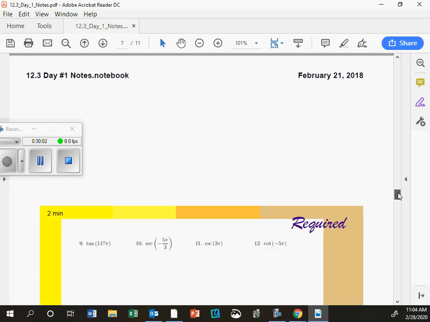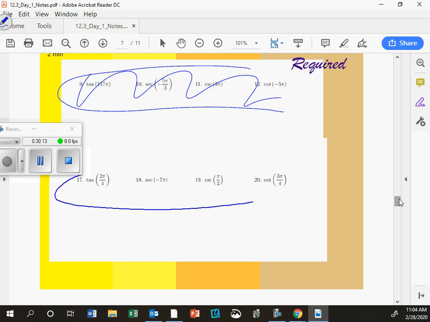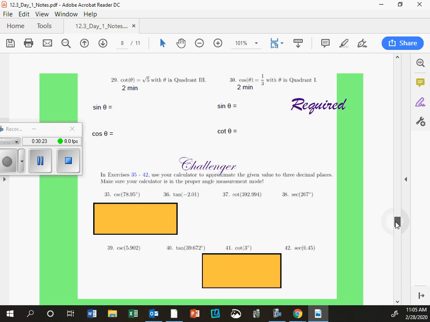Then let's do this whole row. No, I'm wrong. Cross off that whole row. Do this whole row. And this is the kind of stuff that's on the test, so we should definitely do these two.